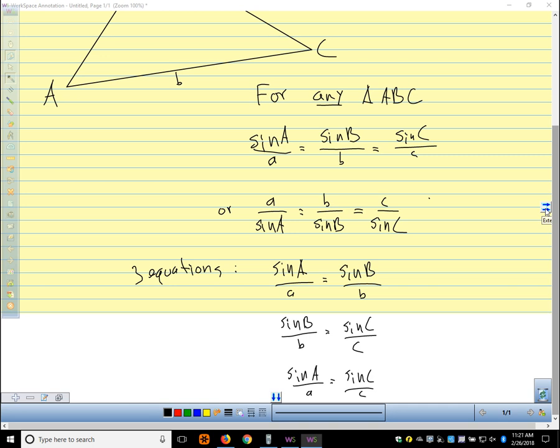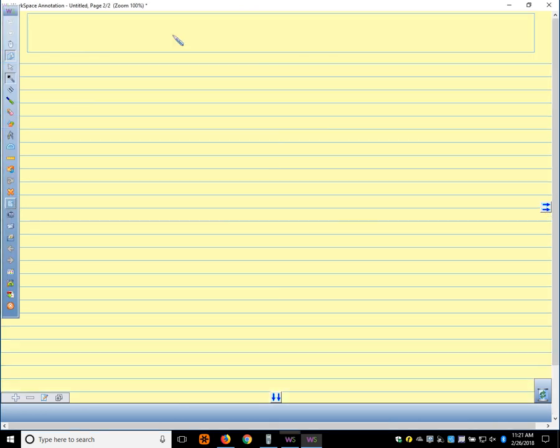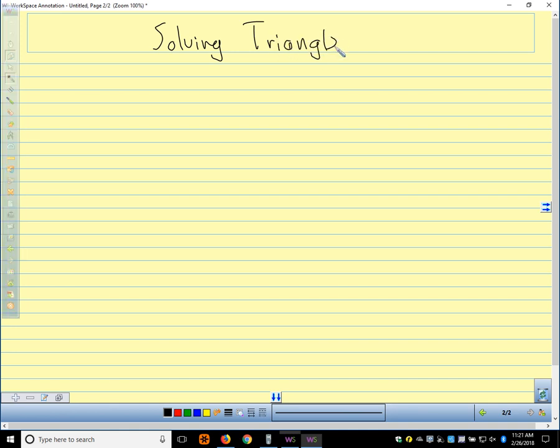All right, so what I want to do is just go through a couple of examples of setting up a problem using law of sines. We call this solving triangles. Solving just means finding missing parts.